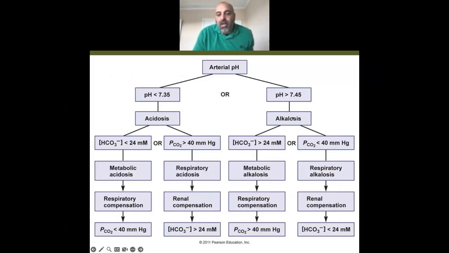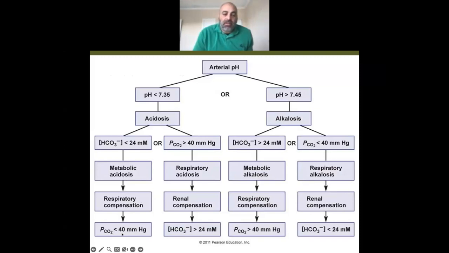Above 7.45, alkalosis. Between the two, normal. So we look at acidosis. The next thing you look at is their bicarb and their carbon dioxide. If the bicarb is below 24, it's a metabolic acidosis. Then we continue on and we look at carbon dioxide again.